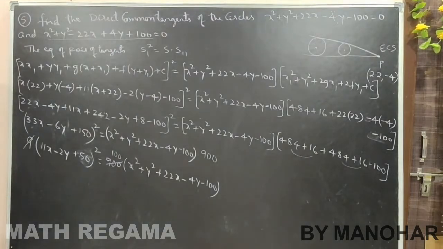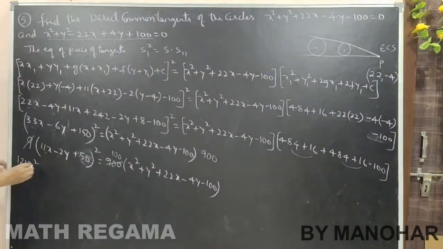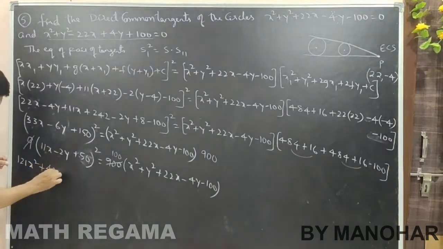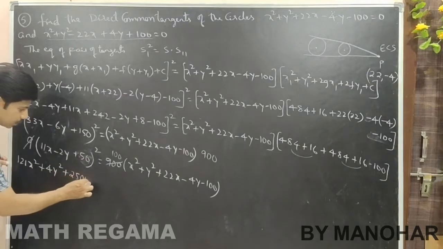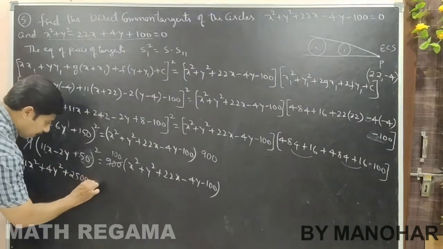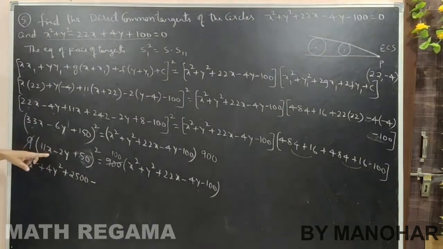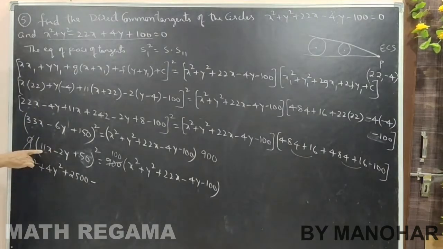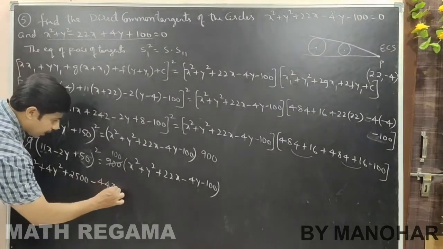So okay, I will expand it here. It is 121x square. a plus b plus c whole square is a square plus b square plus c square. 50 square is 2500. And then 2ab, that is, I put minus sign. Actually it is plus 2ab, but the b term is negative, so minus. So plus 2ab, 2 11s are 22, 22 2s are 44xy.